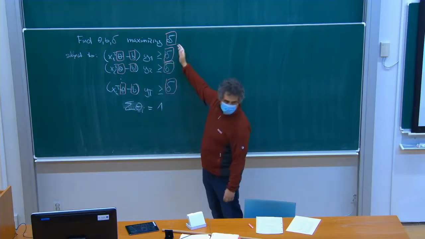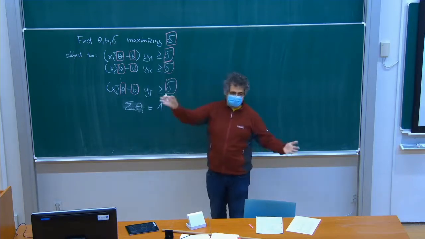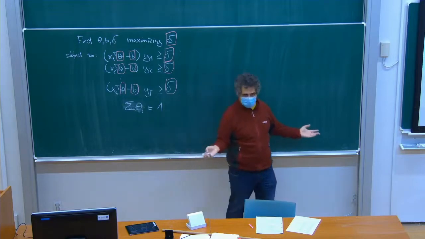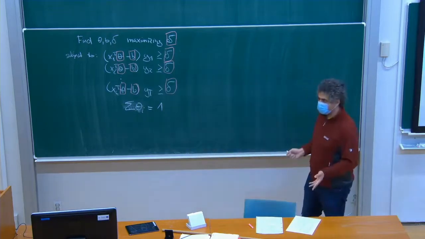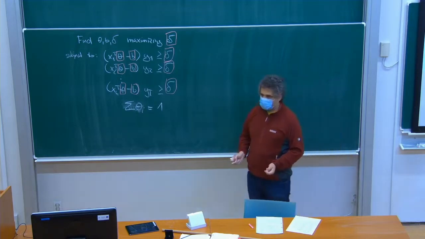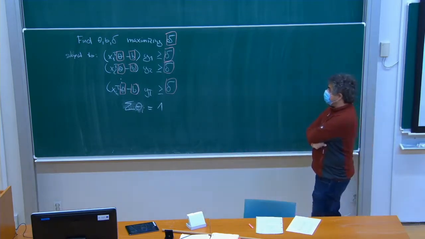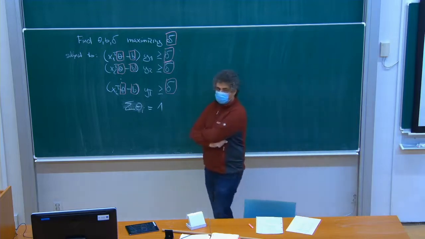Then the problem of going out of bounds, because you can increase delta by simply multiplying everything by some constant, doesn't work anymore.